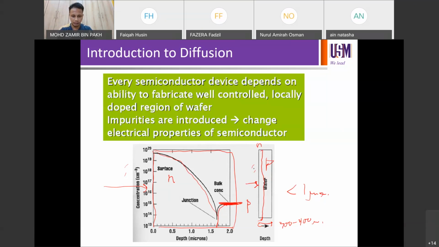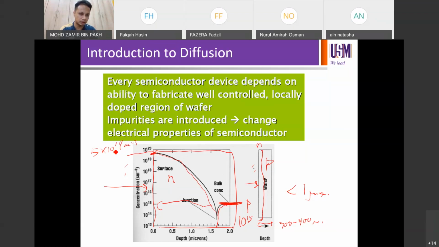So in this particular case, if you look at the value on the y-axis, it's somewhere 10^15 as your bulk concentration, right? Tapi you punya profile, when you dope, you're going to get something like maybe 5E19 here, maybe 5 times 10^19. We're going to see the details later on.